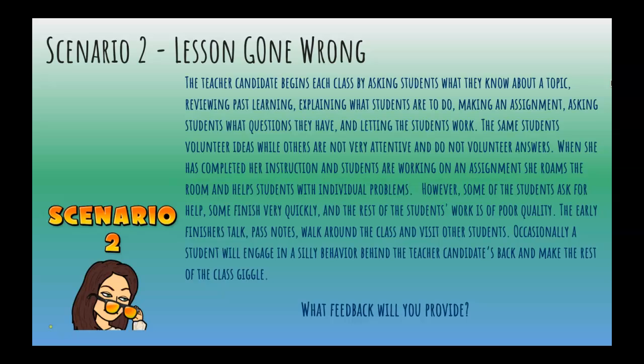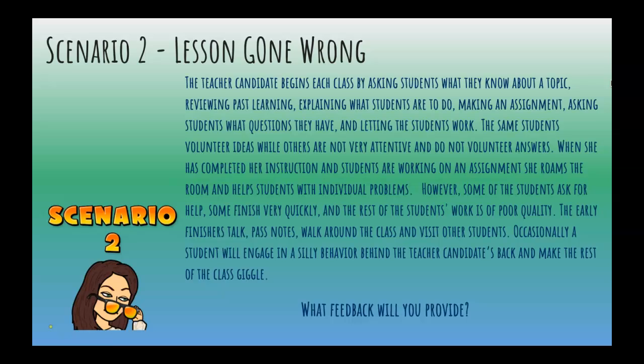In scenario 2, the teacher candidate's lesson goes horribly wrong. The teacher candidate begins each class by asking students what they know about the topic, reviewing past learning, explaining what students are to do, making an assignment, asking students what questions they have, and letting the students work. The same students volunteer ideas, while others are not very attentive and do not volunteer answers.